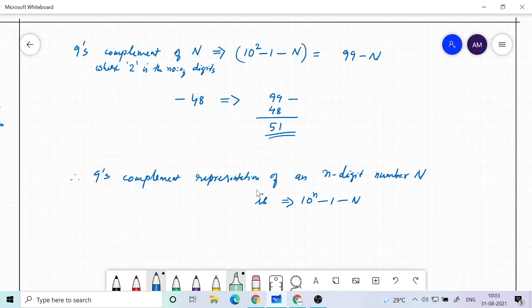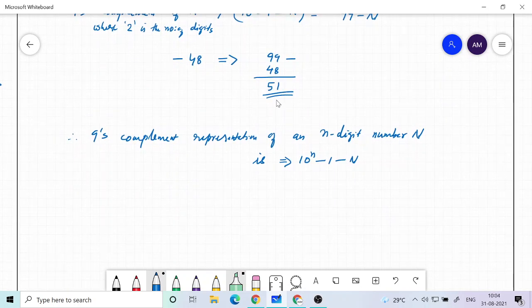That's what we have to do. So that will give you the 9's complement. Now if a number is given, and you want to check which negative number it is, here we have gone from sign magnitude to 9's complement. So this is the conversion that we have done, and the formula is this.